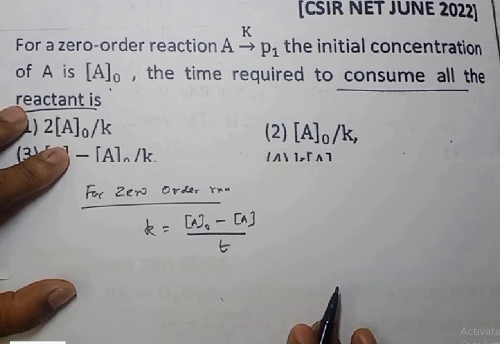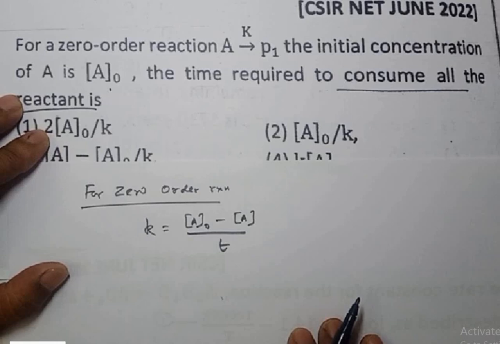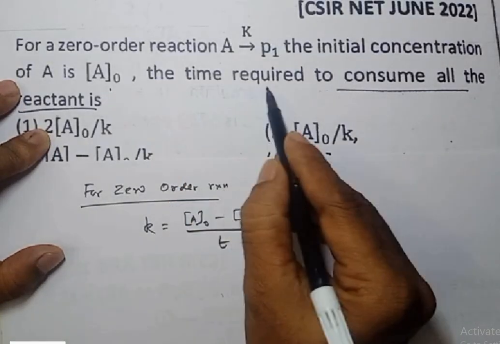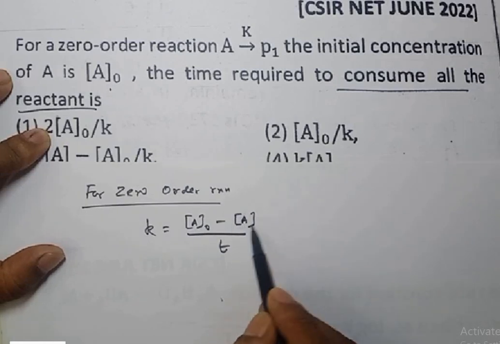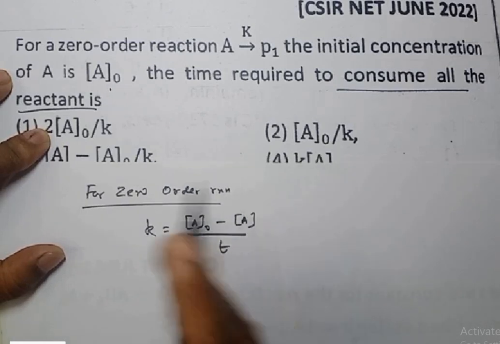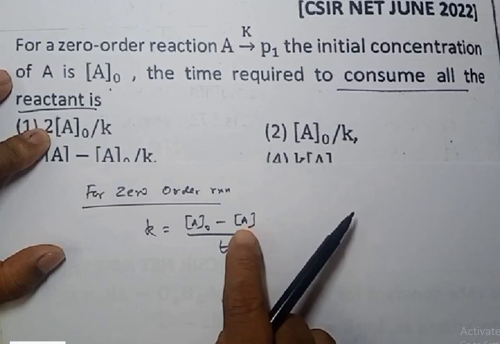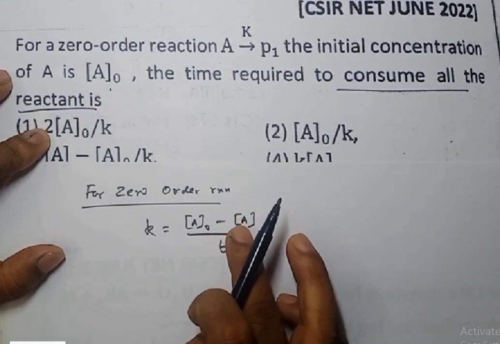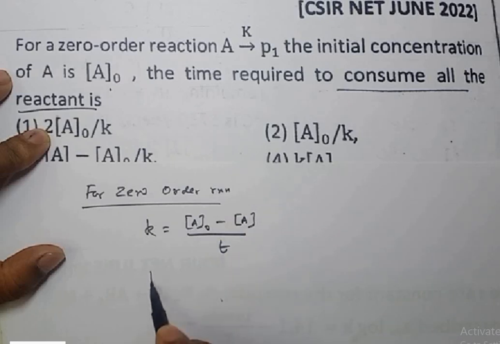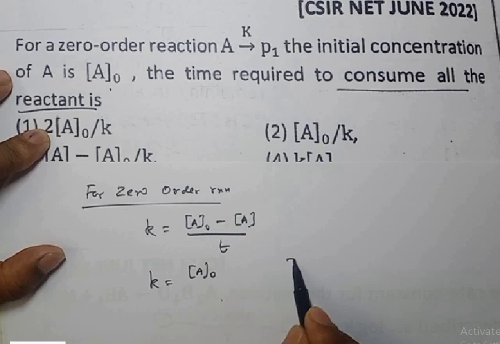This is the rate constant for zero order reaction. Now what is given? The time required to consume all the reactant, which means A should become 0. If all the reactant get consumed, then remaining concentration of A becomes 0. At what time does this happen? So K is equal to A naught minus 0, by t.